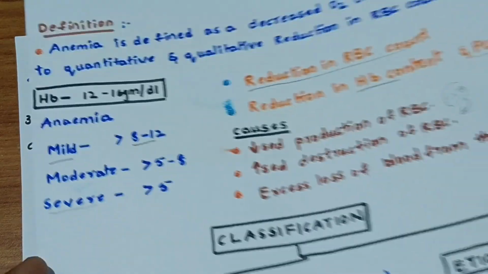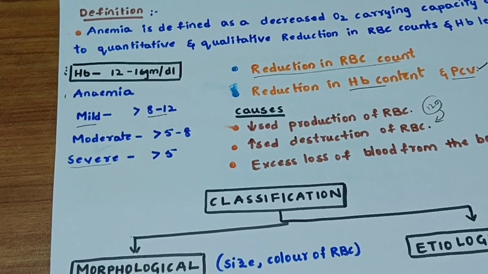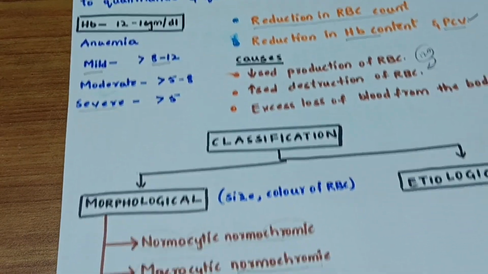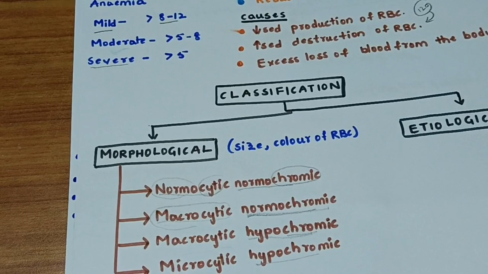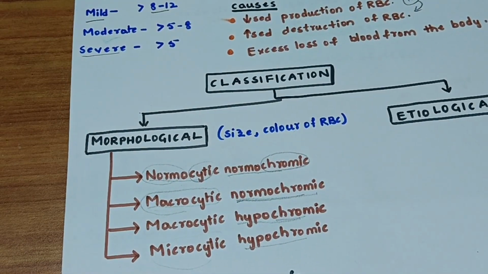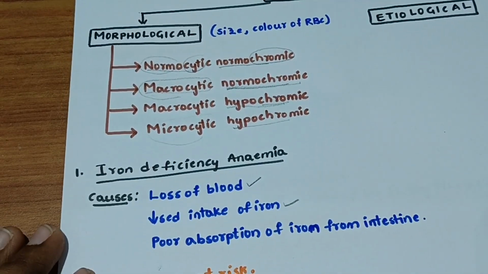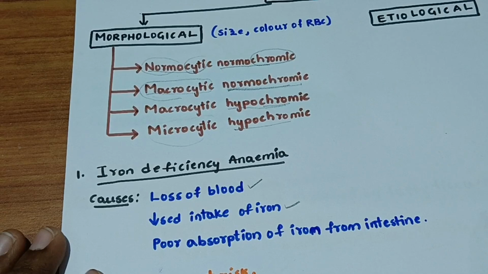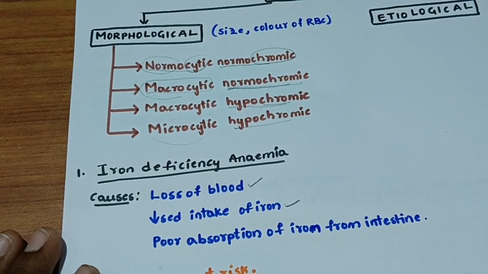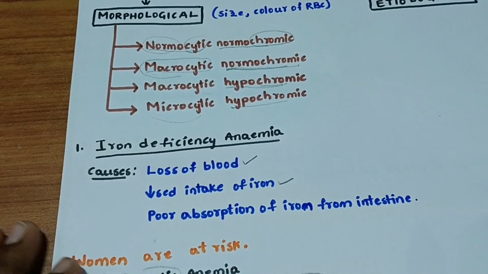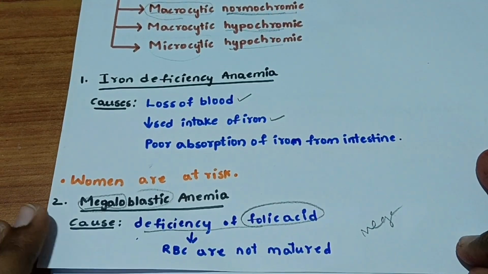There are four main anemia classifications. What are they? Iron deficiency, megaloblastic, aplastic and pernicious anemia. Iron deficiency anemia occurs due to loss of blood, less intake of iron, or poor absorption of iron from the intestine. Megaloblastic anemia occurs due to deficiency of folic acid.